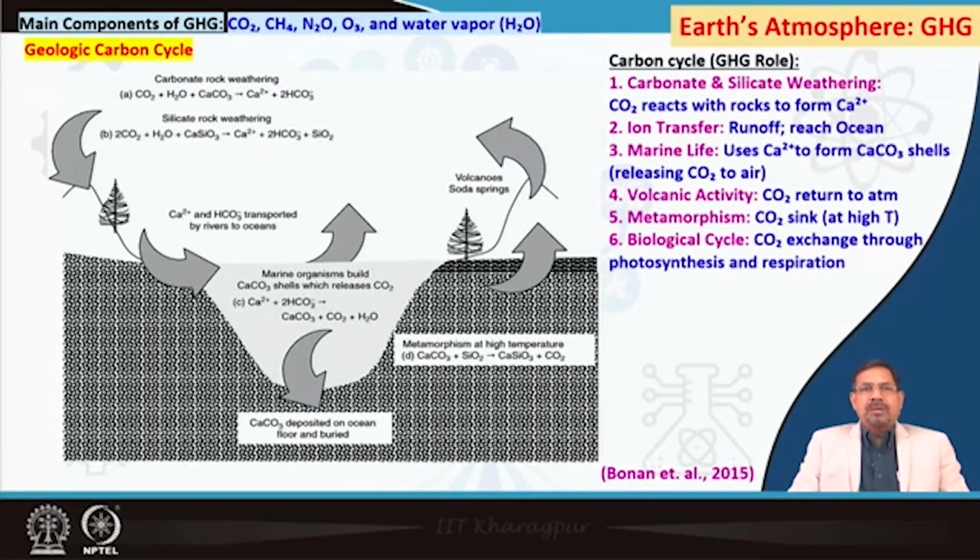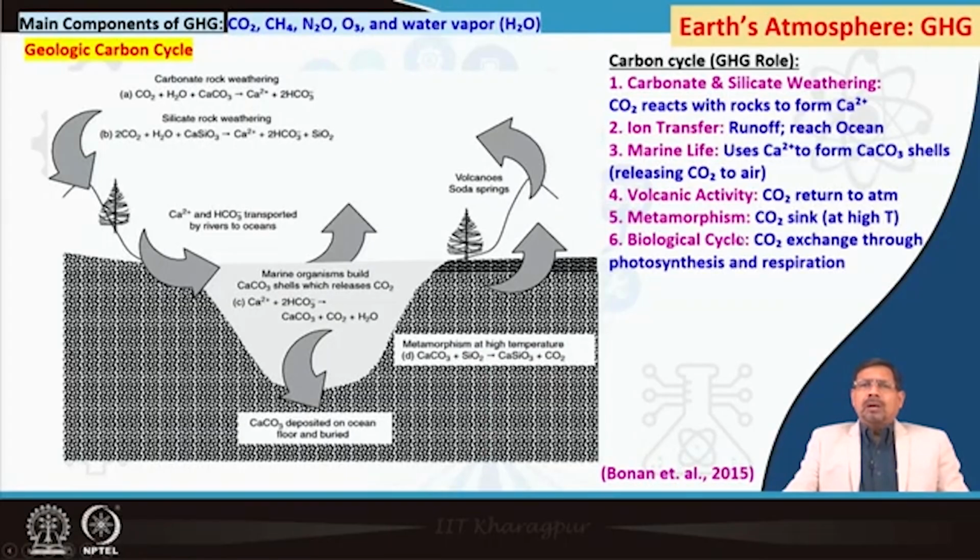The equation for this is just the reverse of that: the calcium ion plus 2 bicarbonate gives calcium carbonate, which goes as the building material of the outer shell, plus carbon dioxide and water. This carbon is available to the marine sphere or to the ocean.